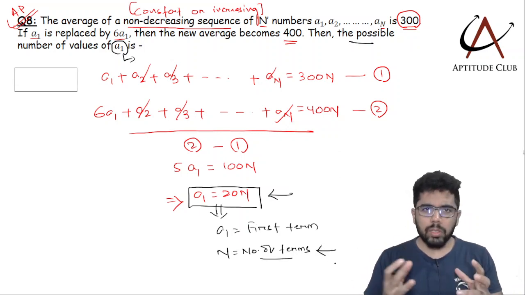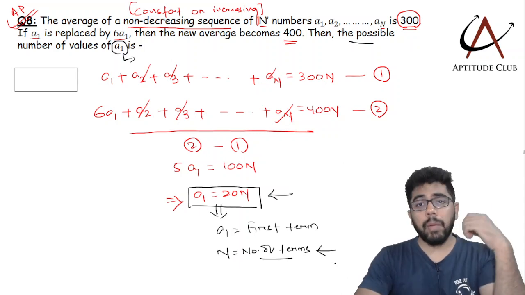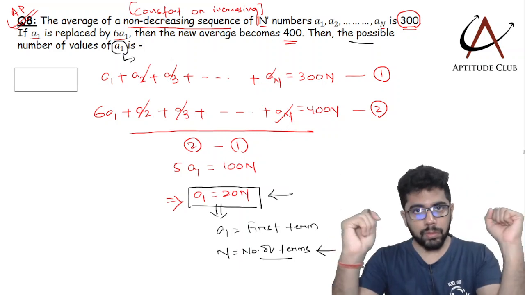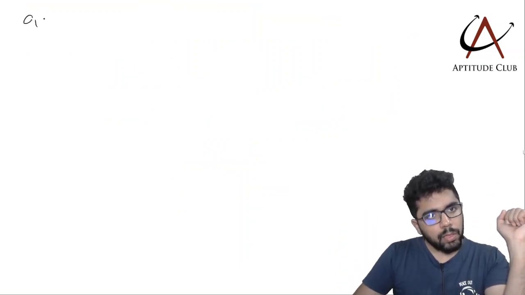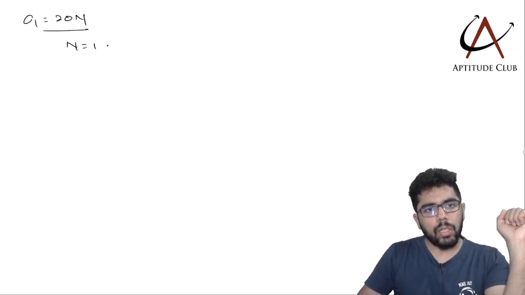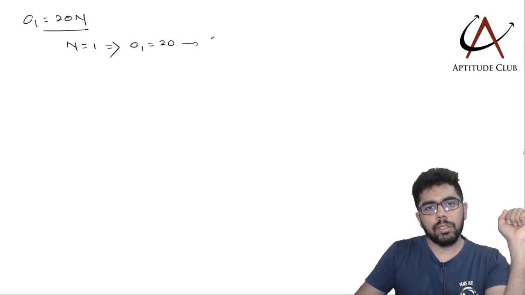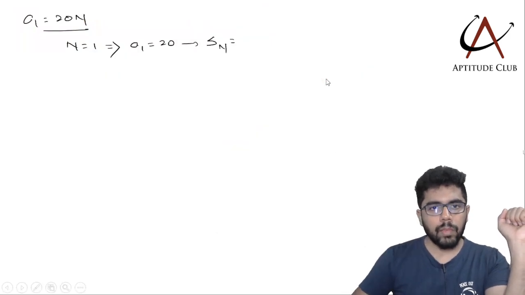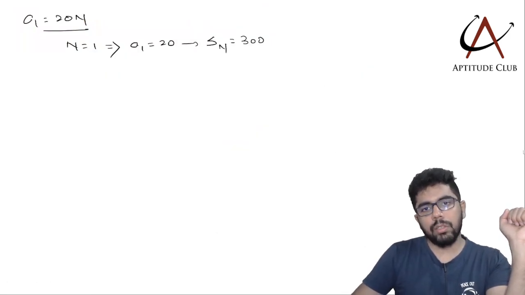Now let us think about it in this way. What can be my maximum number of terms in the sequence, and what can be my minimum number of terms in the sequence? So we will take a1 is equal to 20n and we'll start with n is equal to 1. This implies a1 is equal to 20, and the sum of n terms is 300n, so the sum is 300 into 1, which is 300.